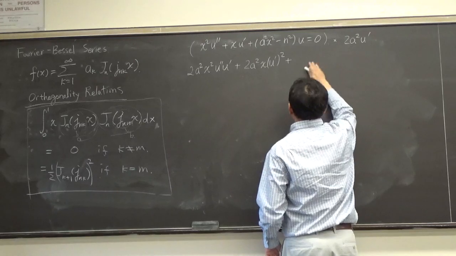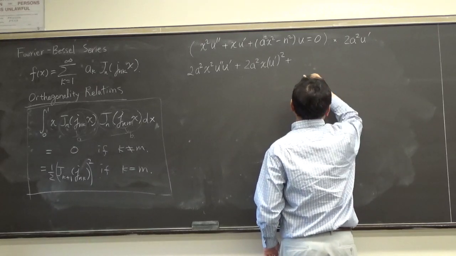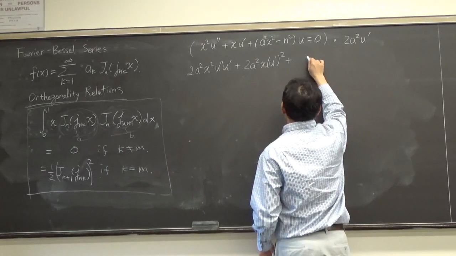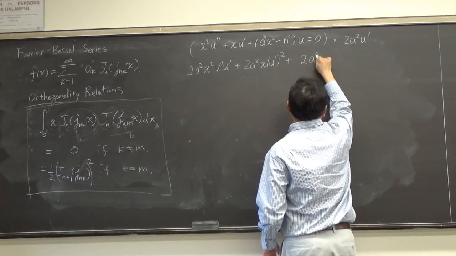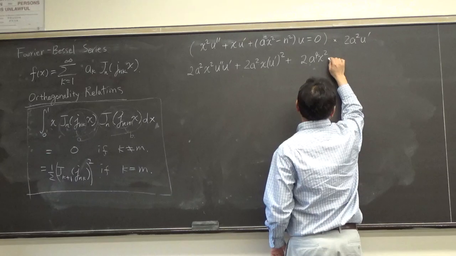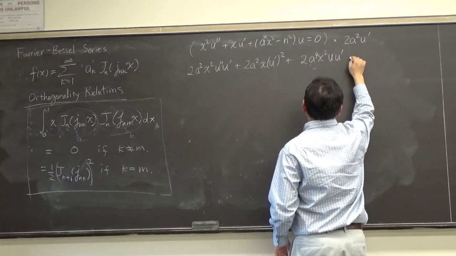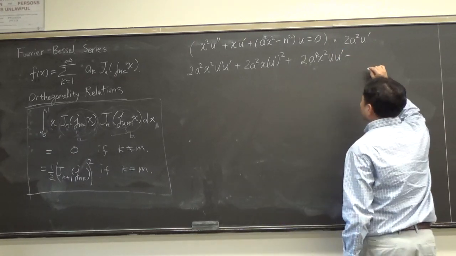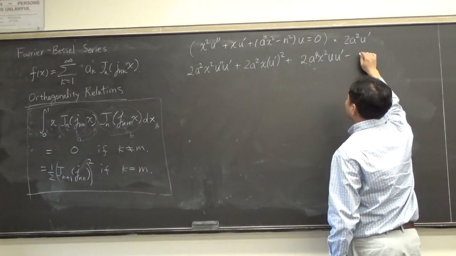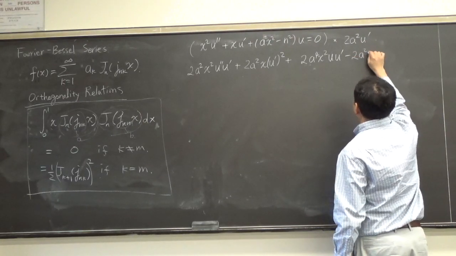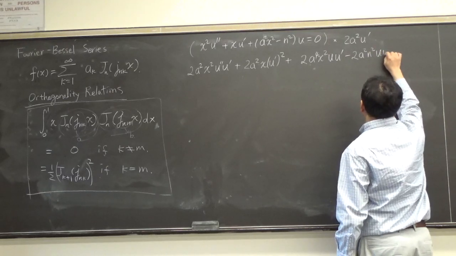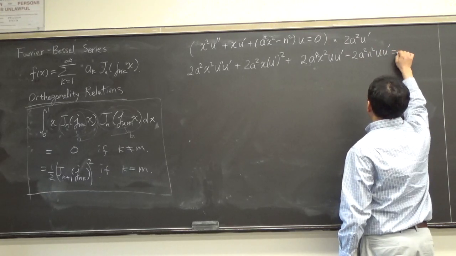Actually, let's write this separately. Let's write this as 2a to the 4th x squared u times u prime minus 2a squared n squared u times u prime equals to 0.